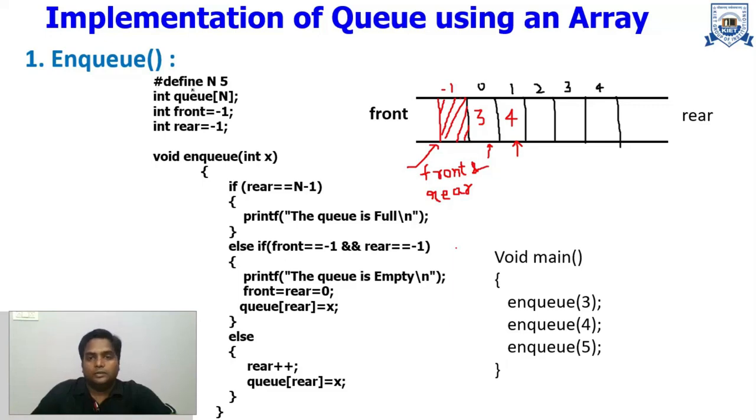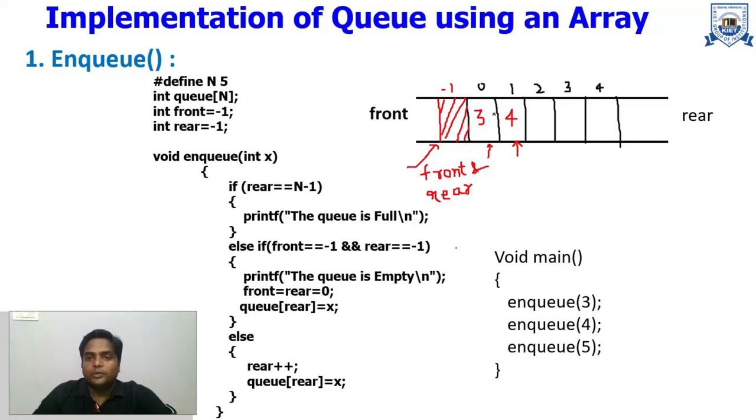So in this particular operation, first of all we define the size of the queue, that is 5. Here we use macro functionality because this size will be considered as a global variable. Next we take an array where the name of the array is q and the size is n, that is 5.